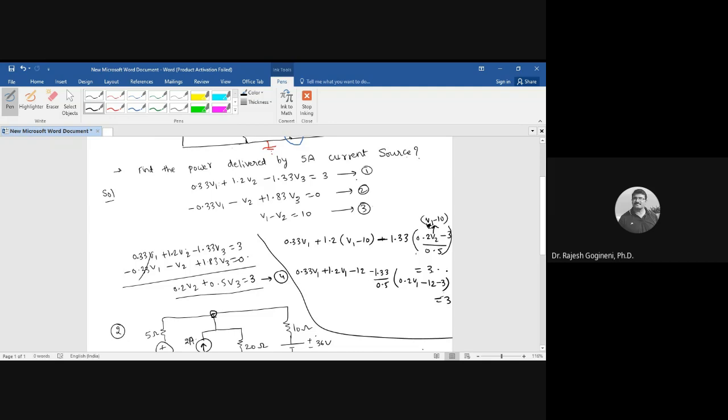Right, in this way you can simplify this one.